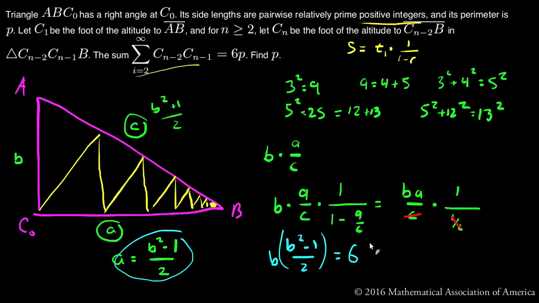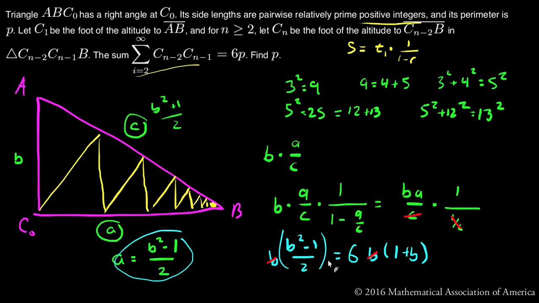So I will get 6 times B plus B squared, which is the same thing as B times 1 plus B. And I can cancel out the B's.